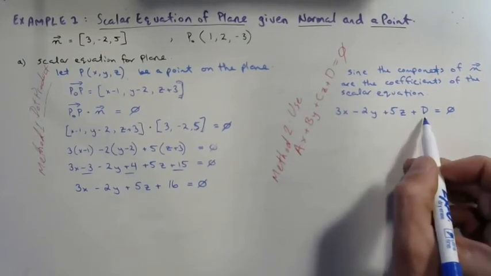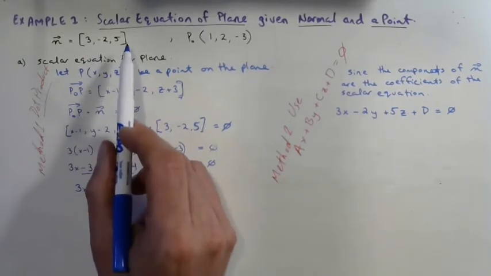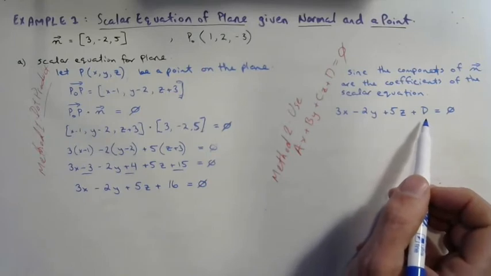Now, we're still missing d. So you can see how it's already correct. The first 3 coefficients are known just by looking at the normal vector. But we still need a constant value in order to finish off this equation.